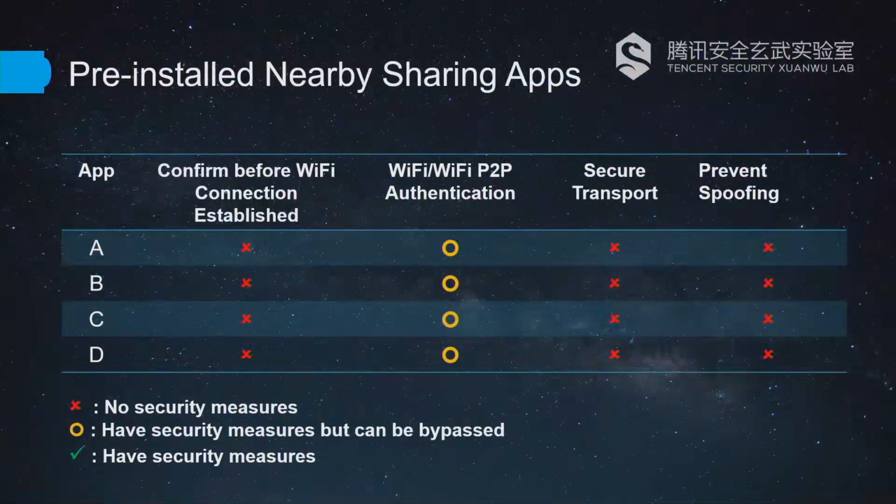The red X means no security measures at all. The yellow O means have security measures but can be bypassed here. There is no green here, but I will show no brand here. There are little security measures such as access control when Wi-Fi was established here.